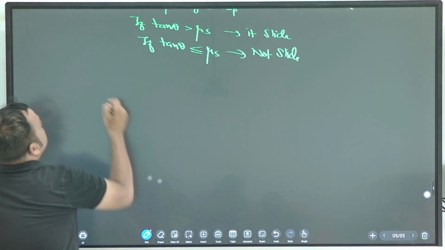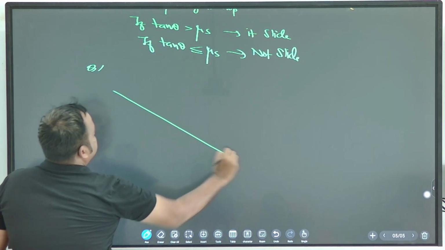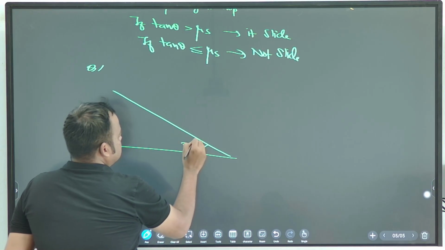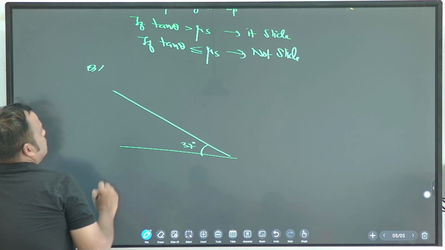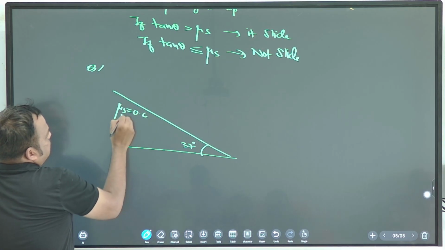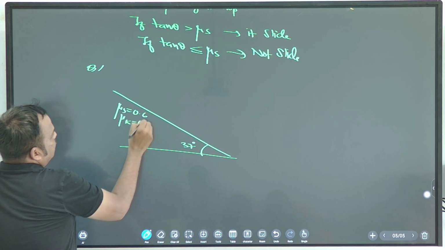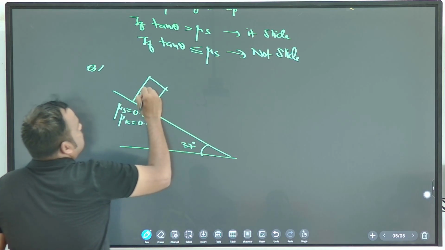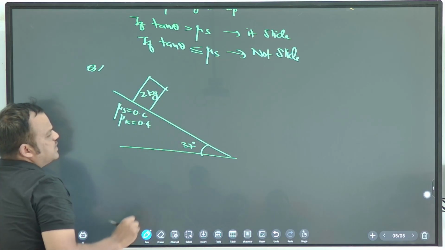Now answer this question. Mu s is 0.6, mu k is 0.4. A 2 kg block is at rest.